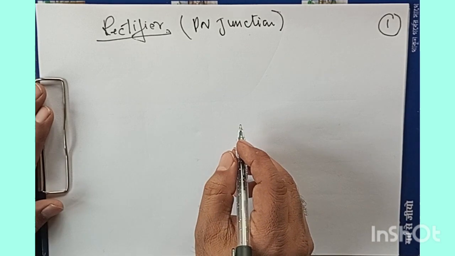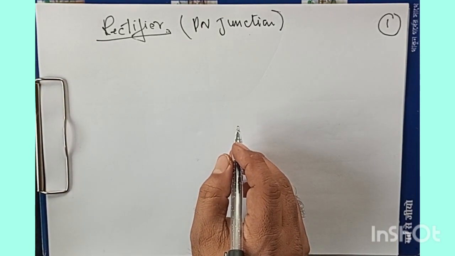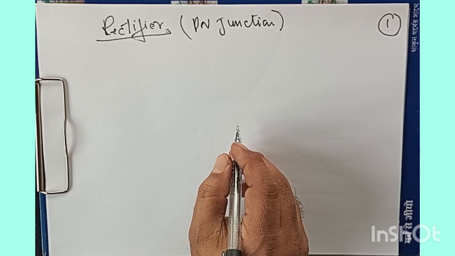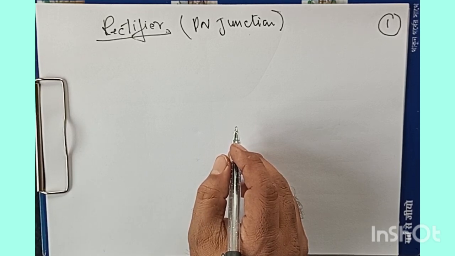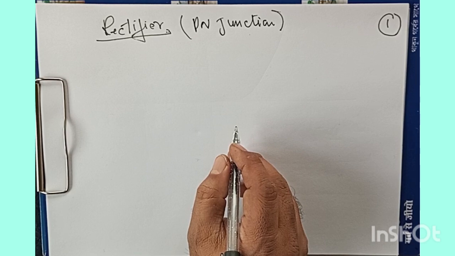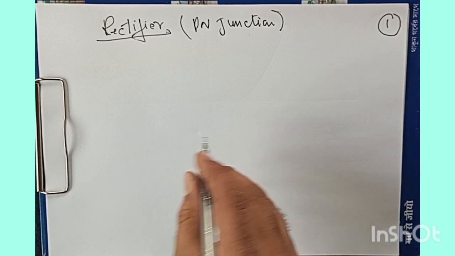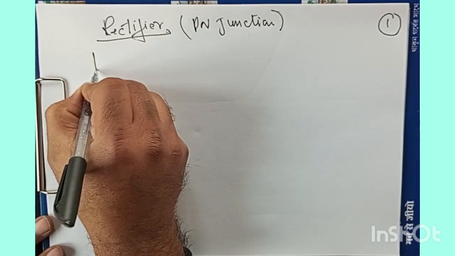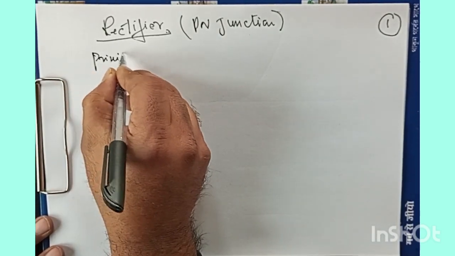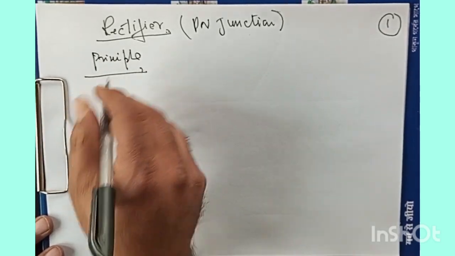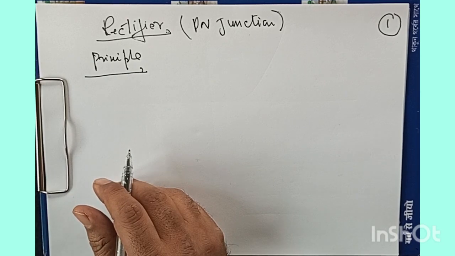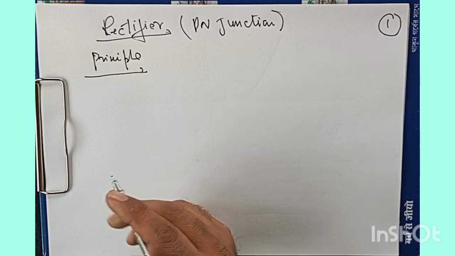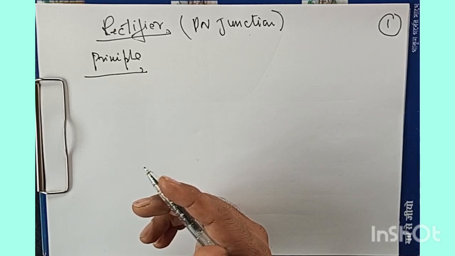And to start with, if I have to define rectification, it's a process of converting AC into DC. And this process is referred to as rectification. And if I have to go with the principle of this rectifier, its principle is basically that the PN junction that we are making use of, the junction diode, conducts only when forward biased.